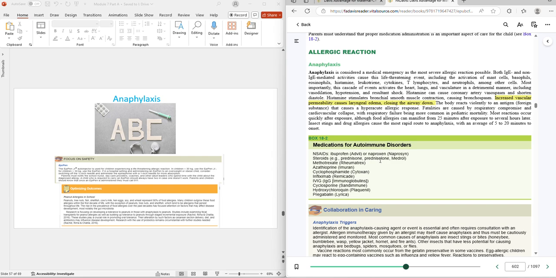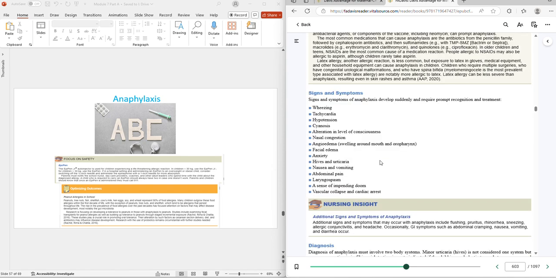Some signs and symptoms, of course, will be the wheezing, the facial edema, swollen tongue, nasal congestion, laryngeal spasm, vascular collapse, cardiac arrest. It can happen at any time for any reason.